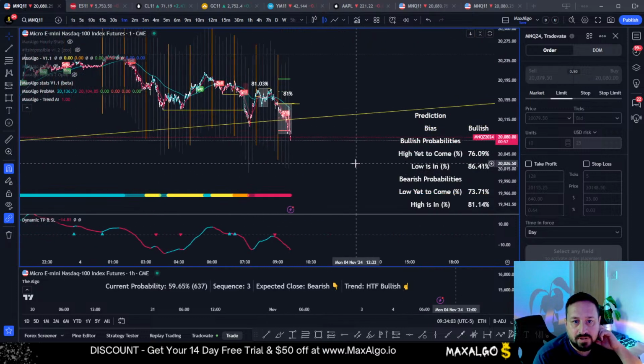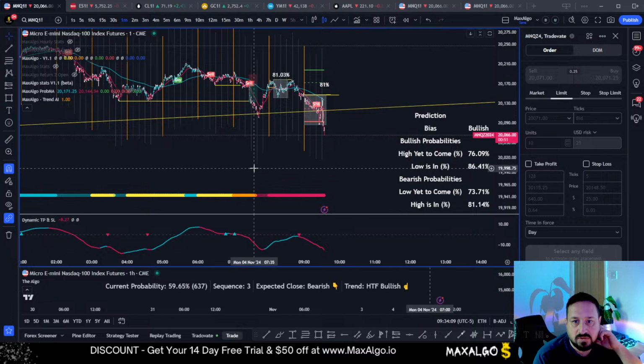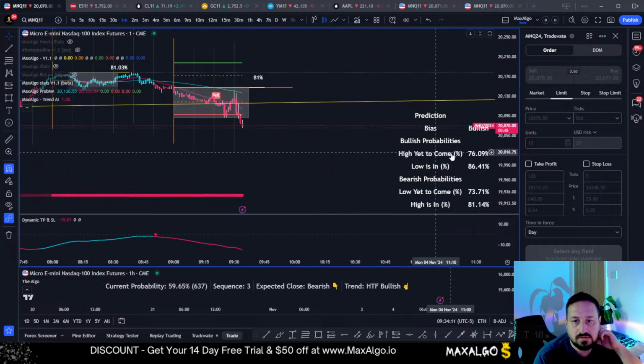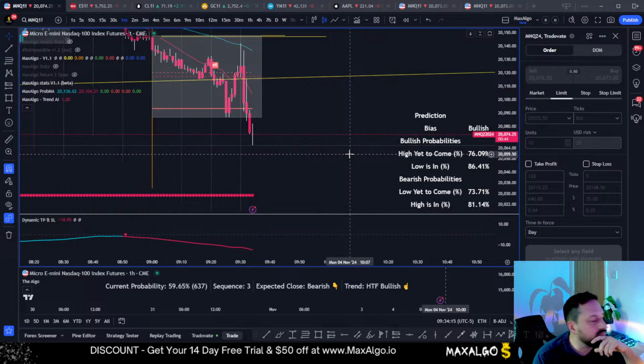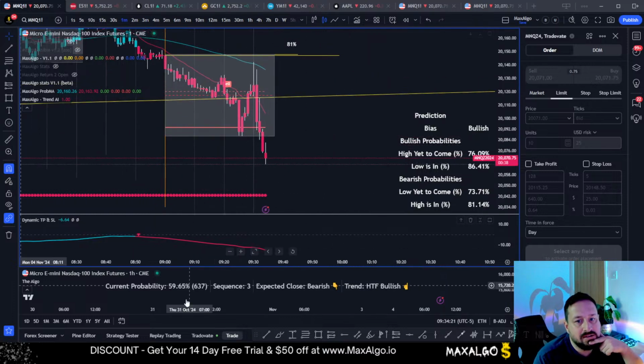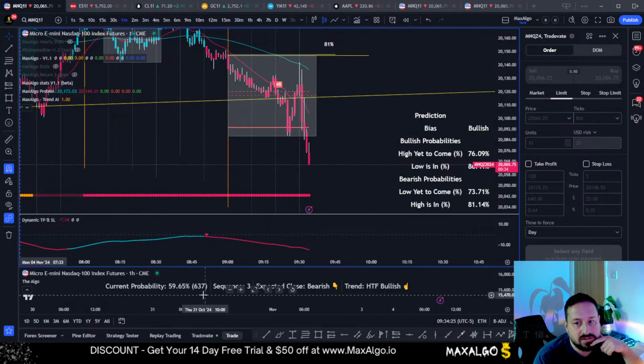So what will happen is the hourly will switch bearish to match with the higher time frame as well, and we'll expect that move down, right? The point being is when you trade everything combined, the algo sticks, it doesn't change.